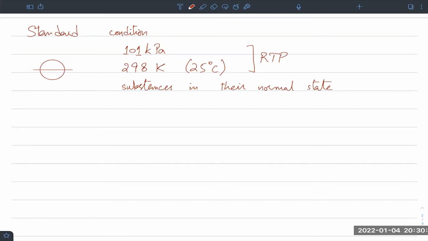Here's the thing. If I were to do a reaction, let's suppose, again, burning of methane, I can write this as CH4 plus O2 making CO2 plus water. If I balance this, yeah, this is balanced. Now, methane can be gaseous, oxygen can be gaseous, carbon dioxide can be gaseous, and steam can be produced.